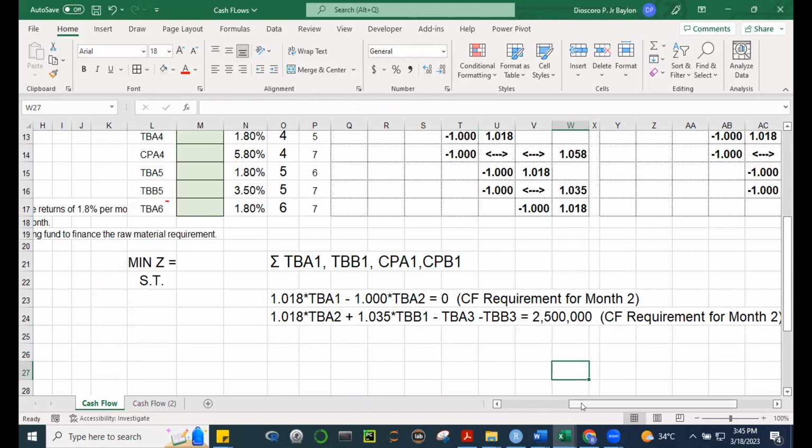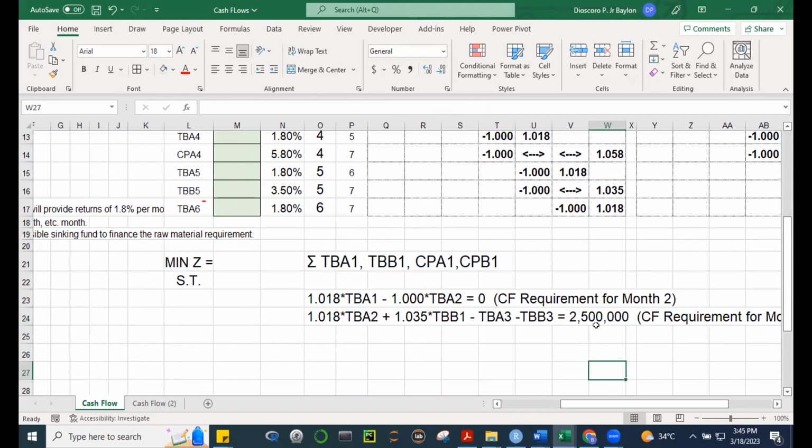Why do you have this equation? It means that the money that we will be getting from our investment in TBA2 plus the money from our investment in TBB1, subtract the money that we'll put in TBA3 and in TBB3, the balance should be equal to 2.5 million. So we're setting aside 2.5 million. What are we going to use this for?